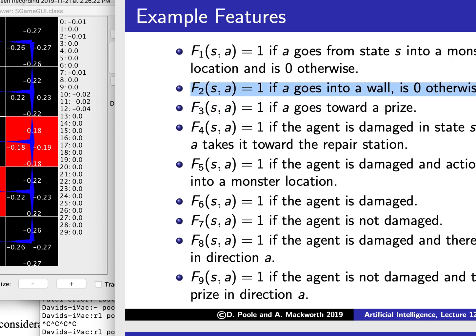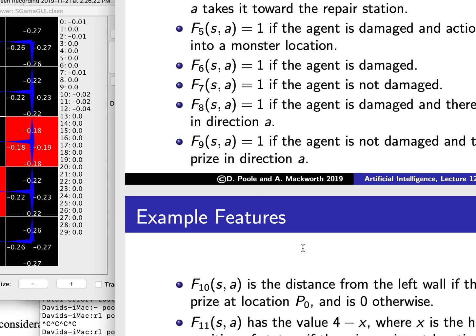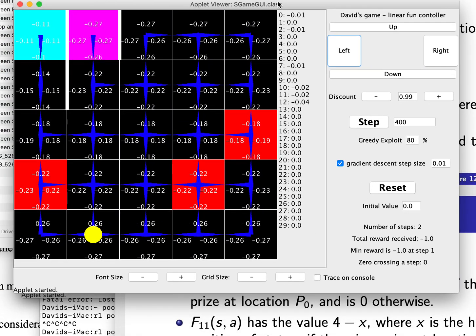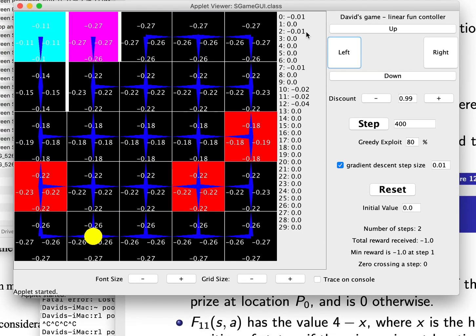So it's learned that going into a wall is bad because that was on when it crashed into a wall. F7 is the agent's not damaged, so that also looks bad. F10, the distance to the left wall if there's a prize: there was a prize there, so F10 was true. So these are all the ones that were turned on when it crashed into the wall. But it's learned to generalize, and so now it's learned not to try to crash into the wall. Okay, so that's all that's happened here.